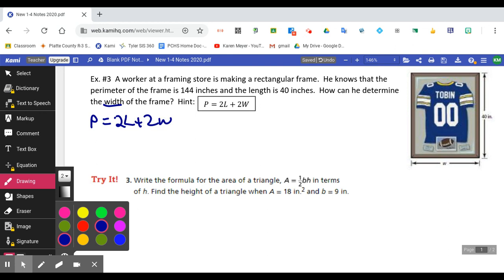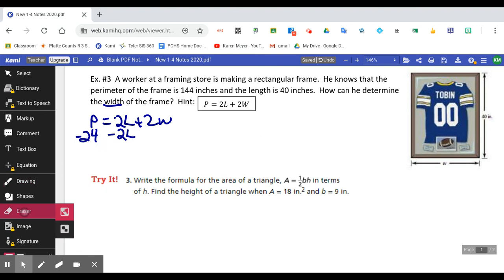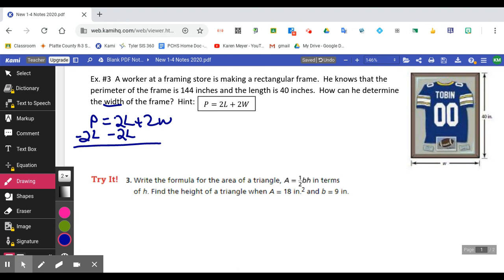First thing I want to do is get rid of that 2L. To move 2L to the other side, I have to subtract it. Now here's the catch: P and L are different letters, so you cannot subtract their coefficients. You have to leave it as P minus 2L equals 2W.